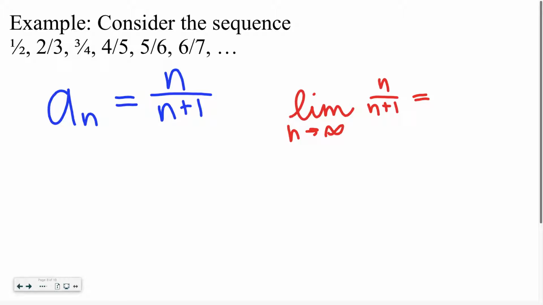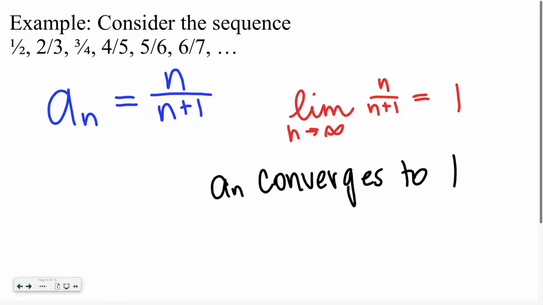Either way, we get 1. Derivative of n is 1 over derivative of n plus 1 is 1. Okay, so we say that our sequence, a sub n, converges to 1.